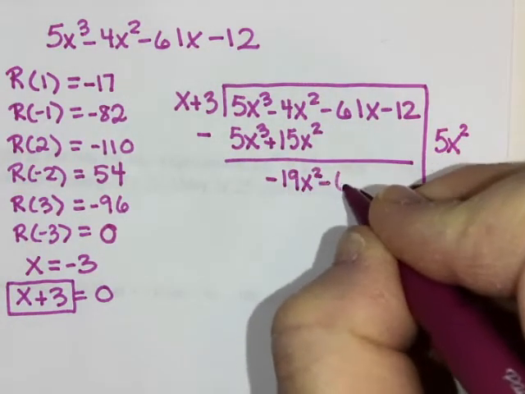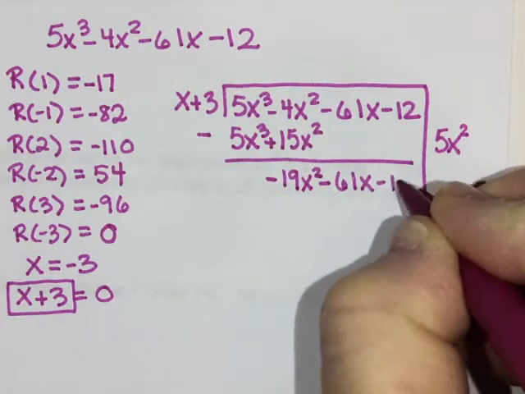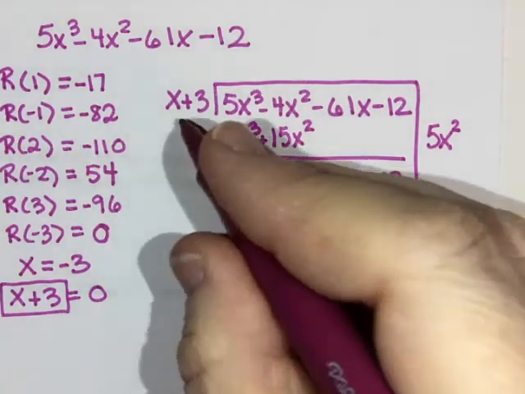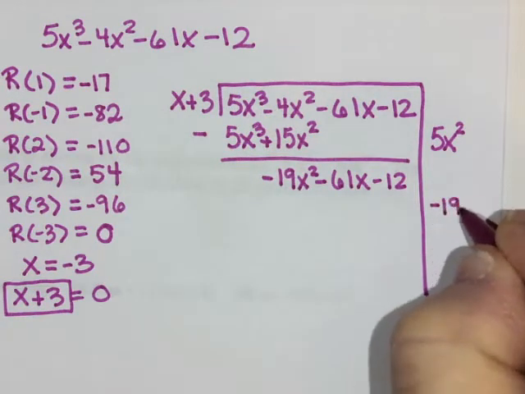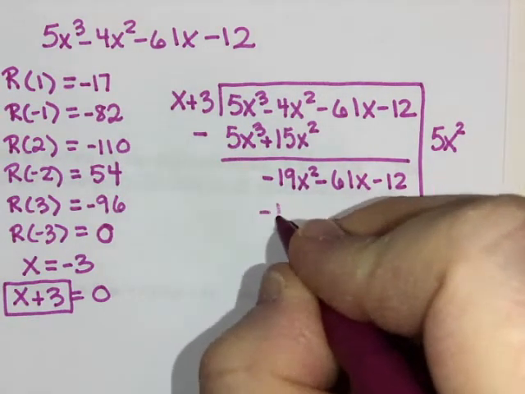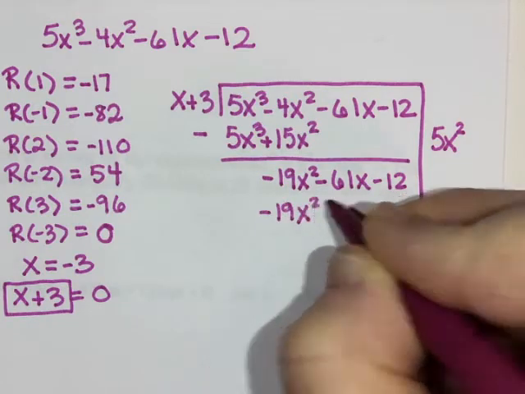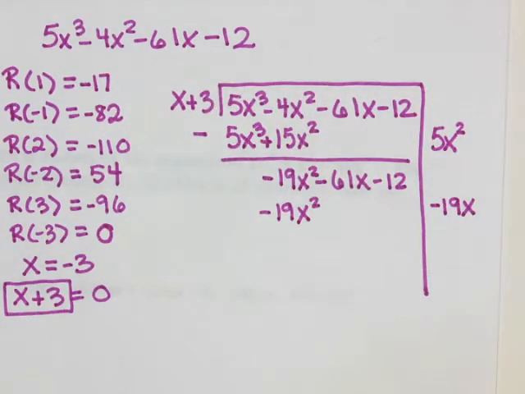I have minus 61x minus 12. How do I turn an x into a negative 19x squared? I multiply by negative 19 and x to get negative 19x squared. And then negative 19 times 3 is negative 57x.